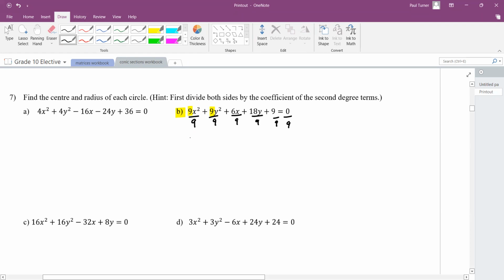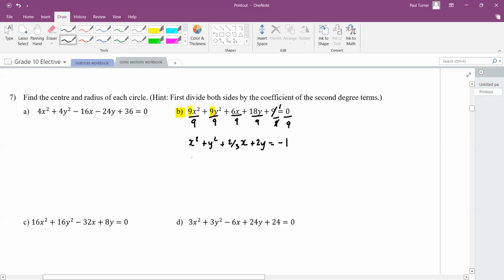So then we can cancel down. We'll have x squared plus y squared plus, now 6 on 9 will be 2 on 3 x. 9 into 18 is 2, so that's 2y. And this will become 1, and I'll put the 1 onto the other side. So that will become negative 1 on this side here.